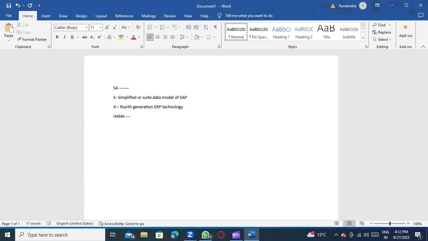It is inbuilt memory. You cannot use an external database to connect to S4 HANA. It is an inbuilt data memory. So what is the abbreviation of HANA? High performance analytic appliances.